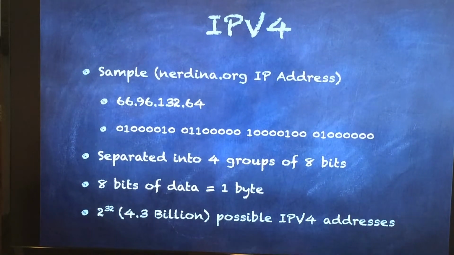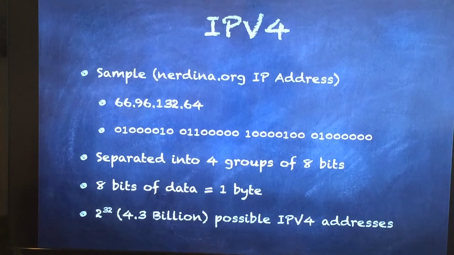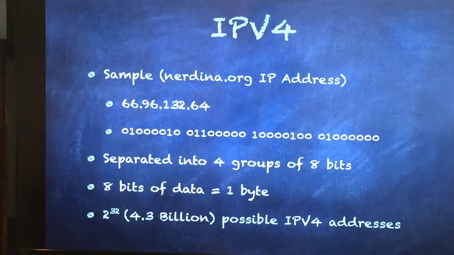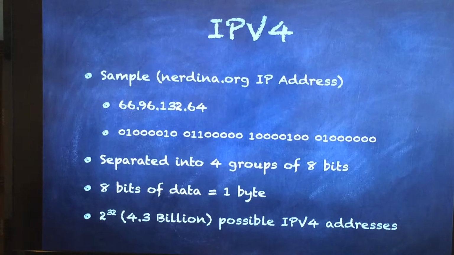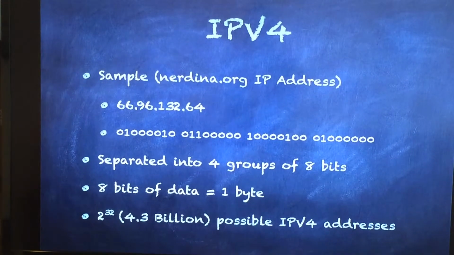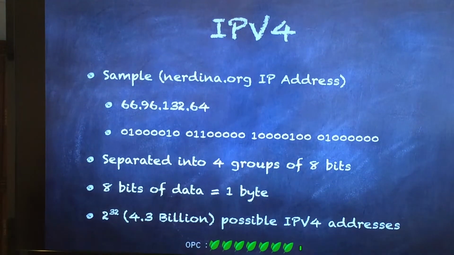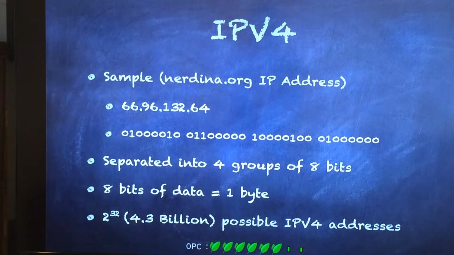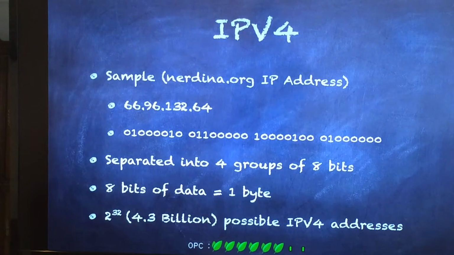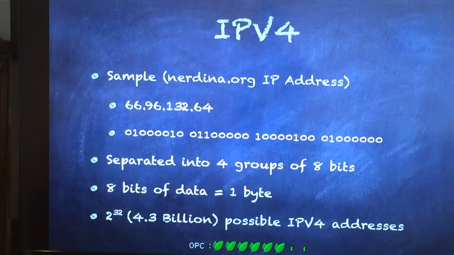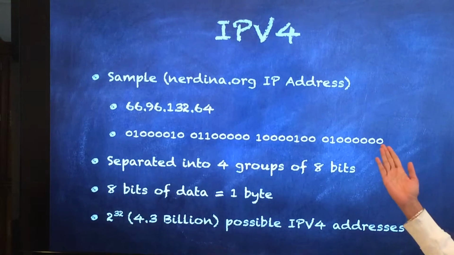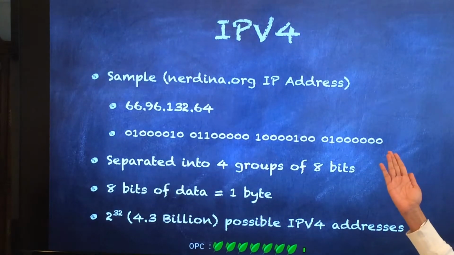Now, how exactly do we apply this in the world of computing and in mapping IP addresses to domain names? Here we have nerdina.org's IP address, 66.96.132.64. And if we were to convert each of those numbers into a binary digit, this is what it would look like.